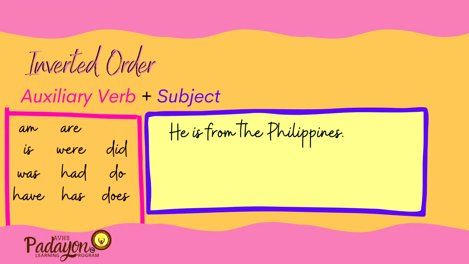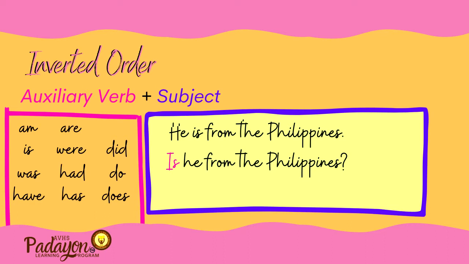Let's have this sentence over here. He is from the Philippines. Now this sentence is in its natural order. Now we are going to invert this, and it becomes, "Is he from the Philippines?" Now, our auxiliary verb is before the subject he.